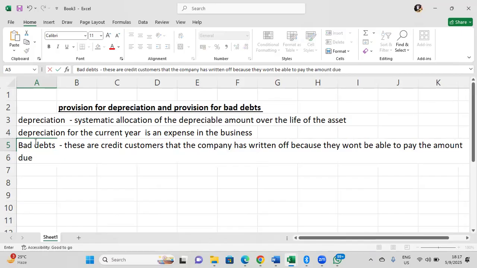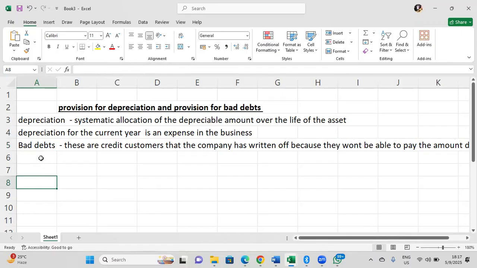The company has written them off because there's evidence that they are not capable of paying the amount due.